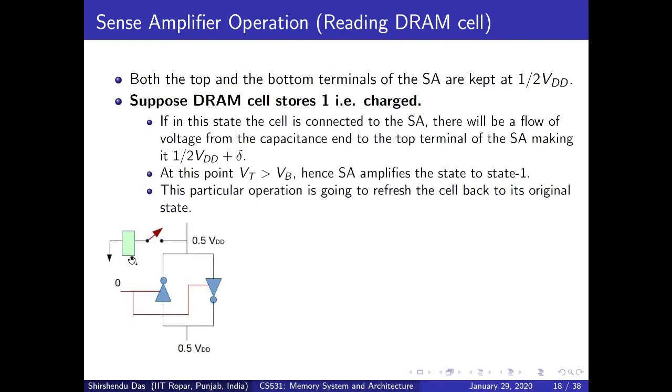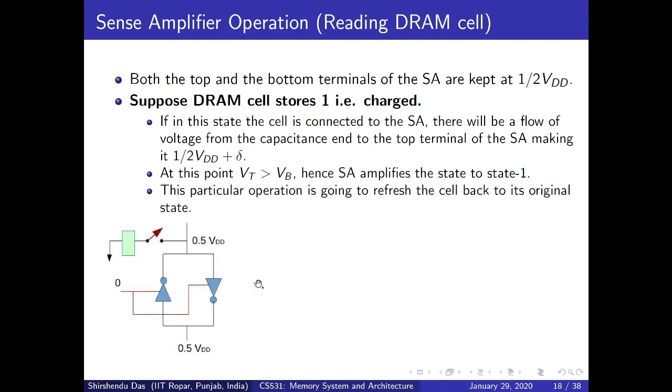That means binary information one will be stored here. By doing this, here the voltage will be VDD minus delta, but it's not a problem. VDD minus delta is still larger than zero, so automatically it will be converted to stable state one. That means VDD minus delta will be automatically converted to VDD after some time.